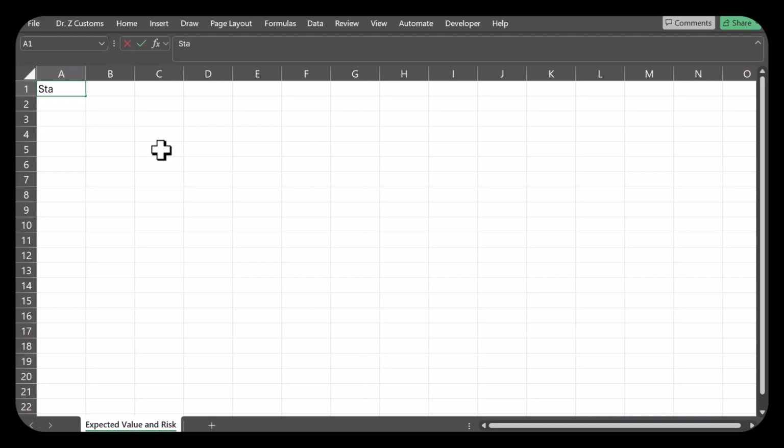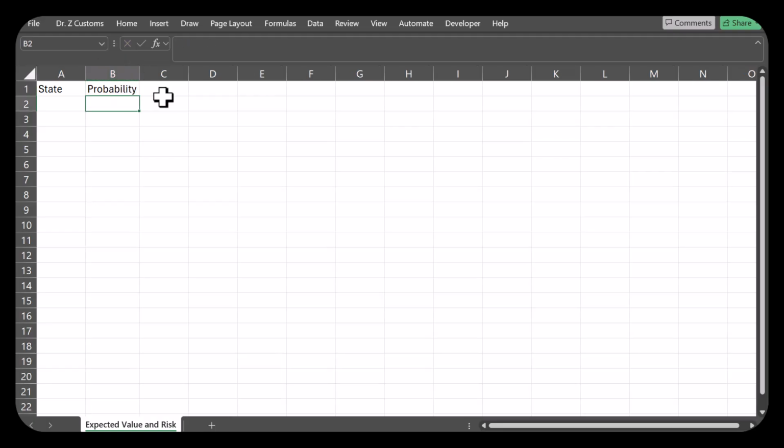So I have these states, probability, and value. Let's call this return.